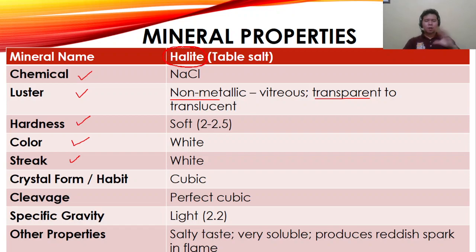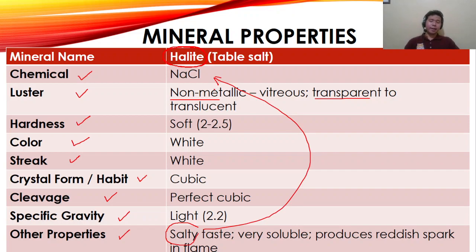It applies to all other minerals having different properties of chemical composition, luster, hardness, color, streak, crystal form, cleavage, specific gravity, and other properties, such as a salty taste, which is unique to salt or halite. So now let's proceed to the different properties of minerals one by one.